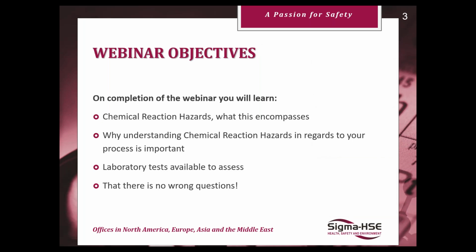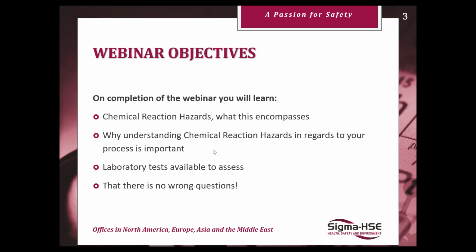Like I say, the objectives: hopefully from this discussion, you will have a better understanding of chemical reaction hazards and chemical process evaluation, how we distinguish between those two, although we may use them interchangeably at times.